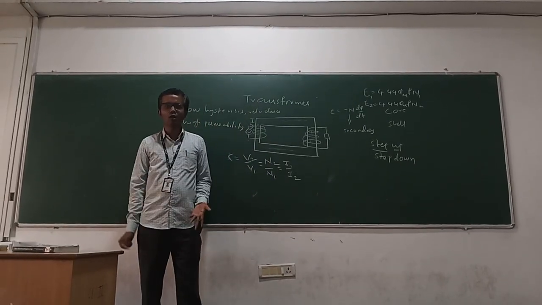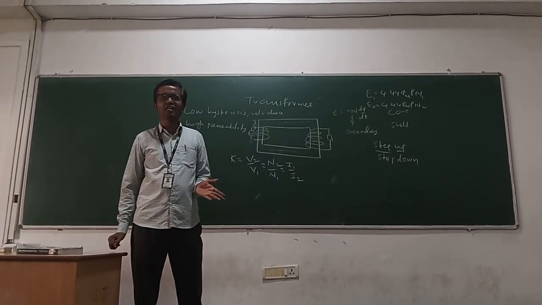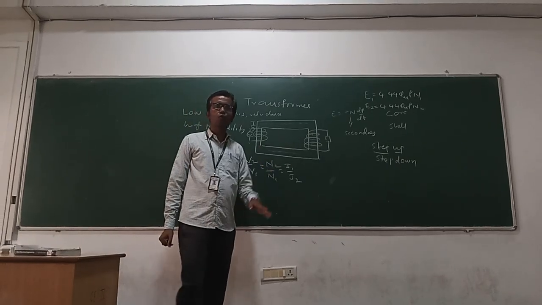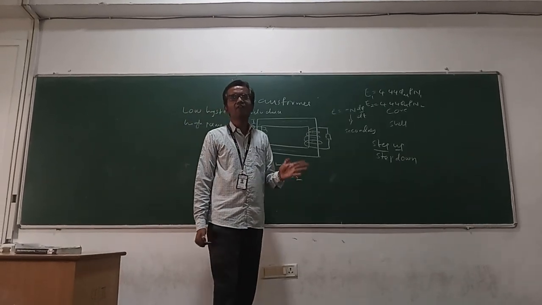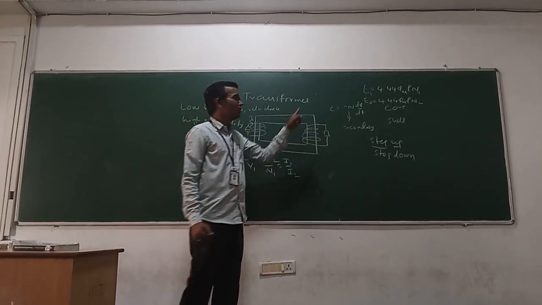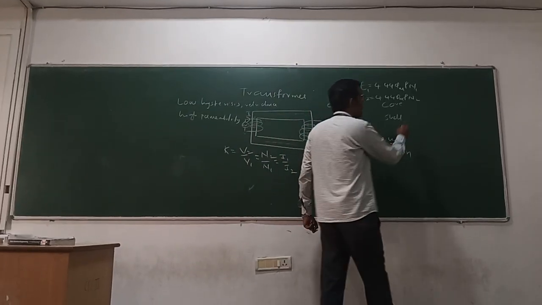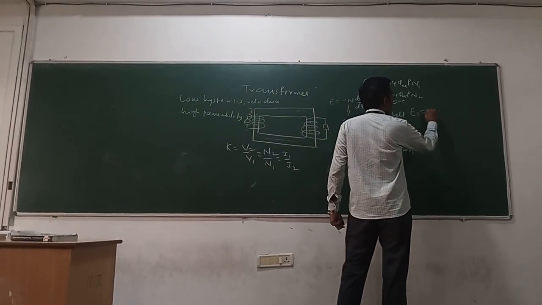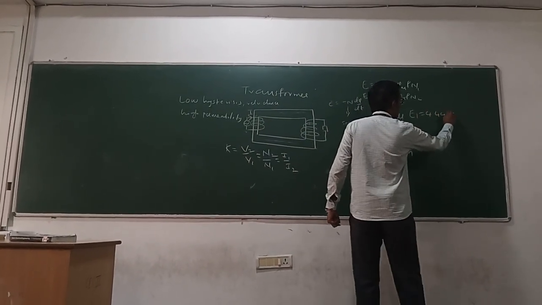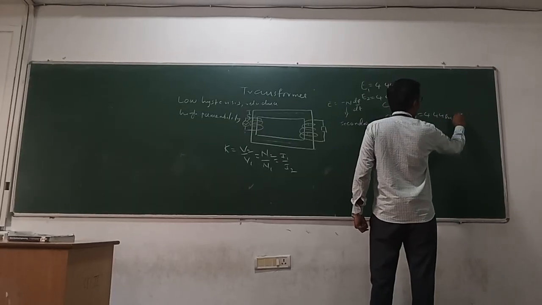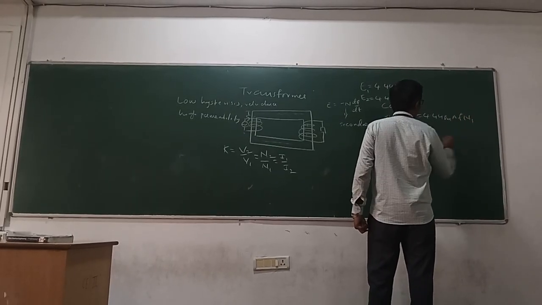While solving problems, sometimes we are given the flux density and the area of the core. In that case, we can write the EMF equation as E1 equal to 4.44 Bm A F N1.